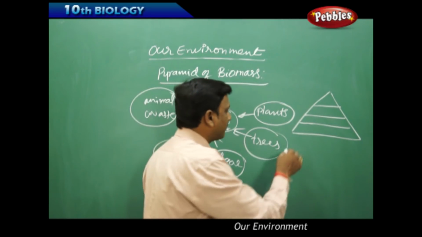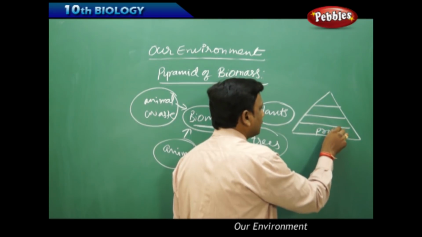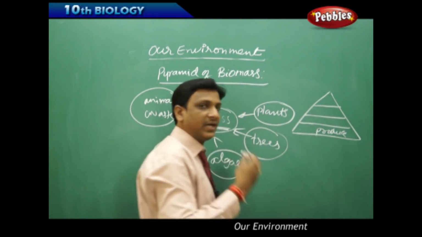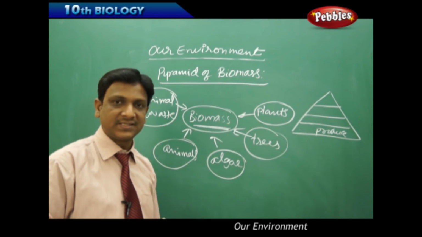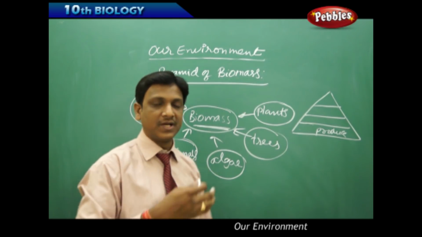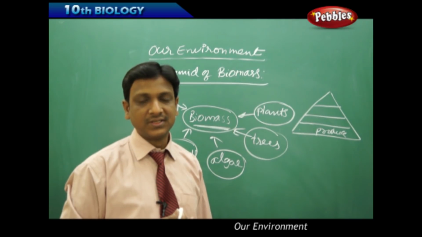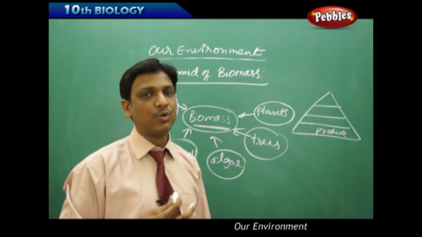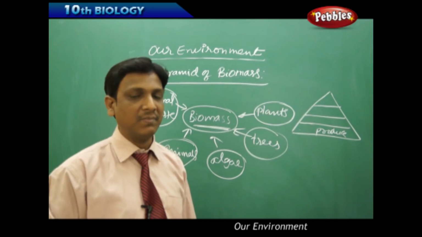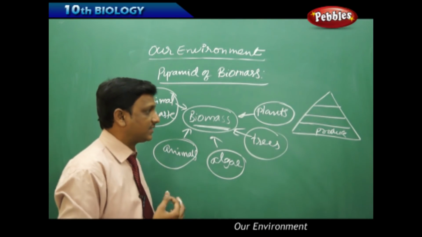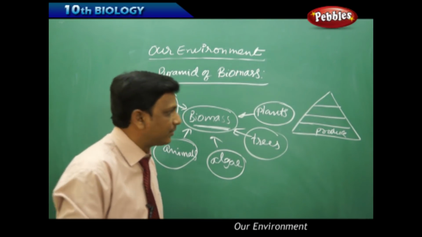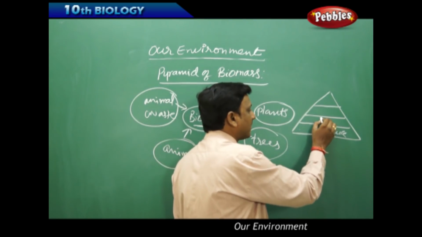So the biomass of the producers is always more. So it forms a pyramid with a base constituting the producers. Here we are not talking about number; previously we have seen the pyramid of numbers. Here the biomass of the producers is more compared to the primary and secondary consumers.